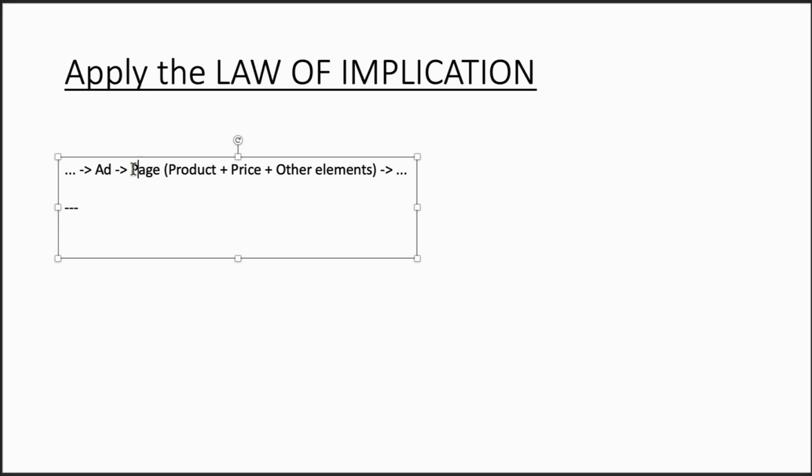Then we test the page, split test the price, other elements, and it's still not successful. Then we split test the targeting, still not successful. And then, what else? Let's split test the country. And then it's successful. So the problem was the country.